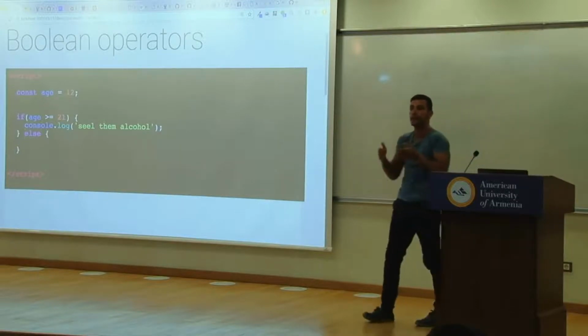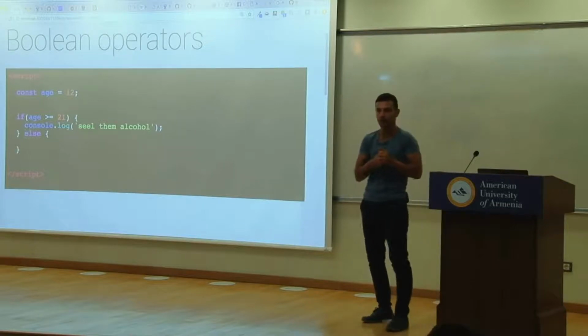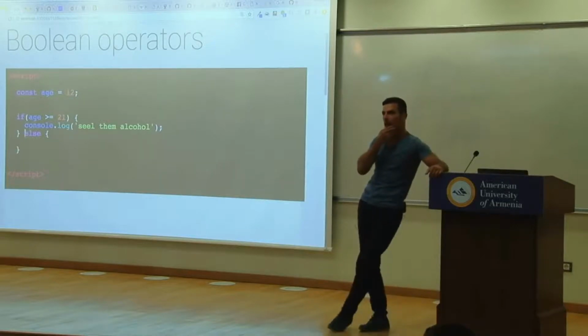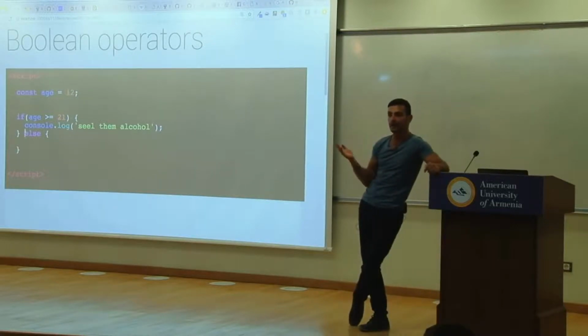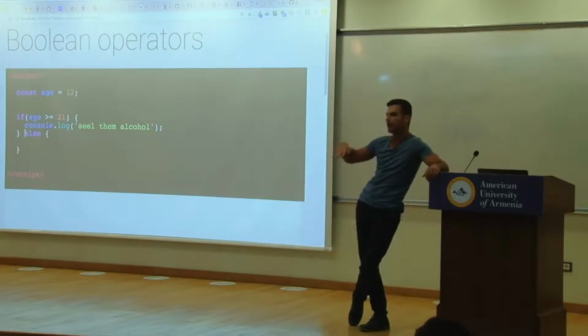However, now suppose you want to break it down into different ages. So you want to say, if they're over 18 but they're under 21, if they're 18 or older, that is to say they're mature, but they're not 21 yet, we're not going to serve them beer, but maybe we can still let them into the restaurant. So at 18, you can come into the restaurant, but if you're 21, you can buy beer. Okay?